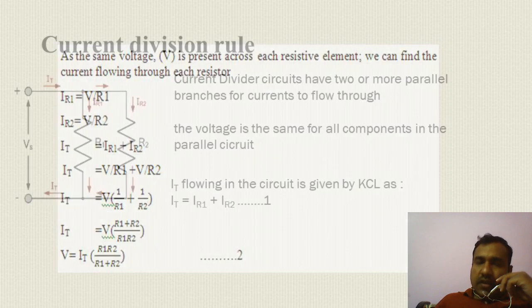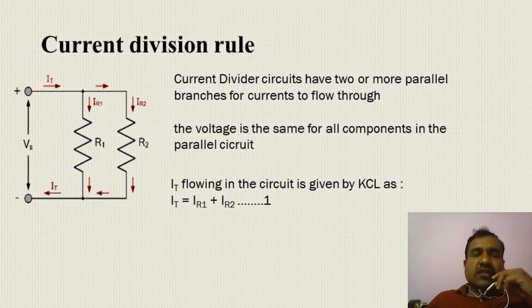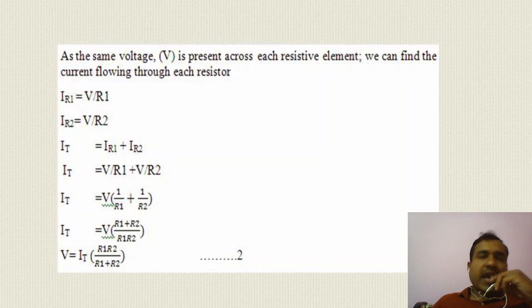Now, can you find out the voltage drop across R1 and R2? Yes, you can easily find out. The current through resistance R1, IR1, is equal to V divided by R1, and the current through resistance R2, IR2, is equal to V by R2, since V is the same in the parallel path.